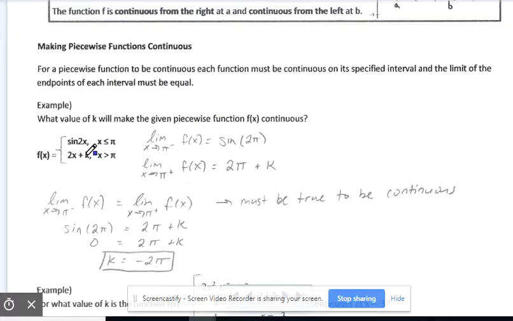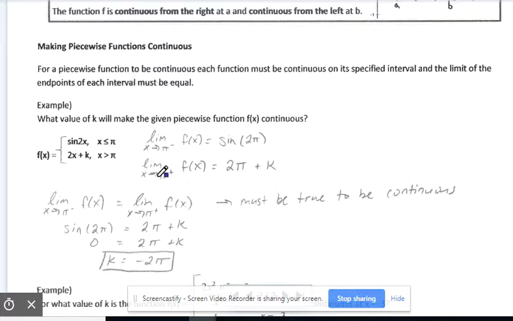So now what I want to do is choose a k value that would make these two things the same at x equals pi. So what we're really saying is we want the left-hand limit as x approaches pi from the left of f of x. That's going to be given by sine of 2 pi, since sine of 2x is the function that is to the left of pi according to the piecewise function.